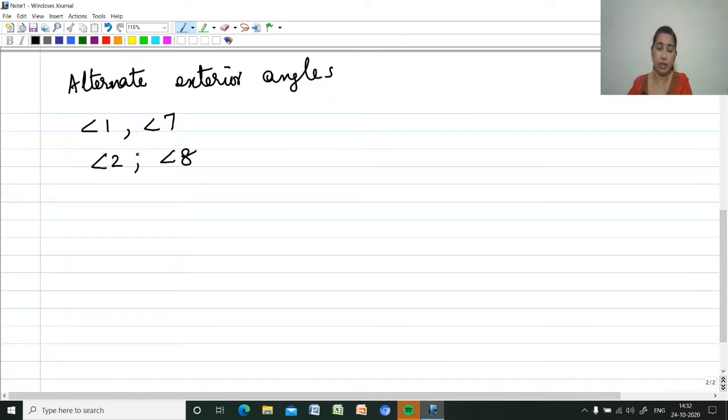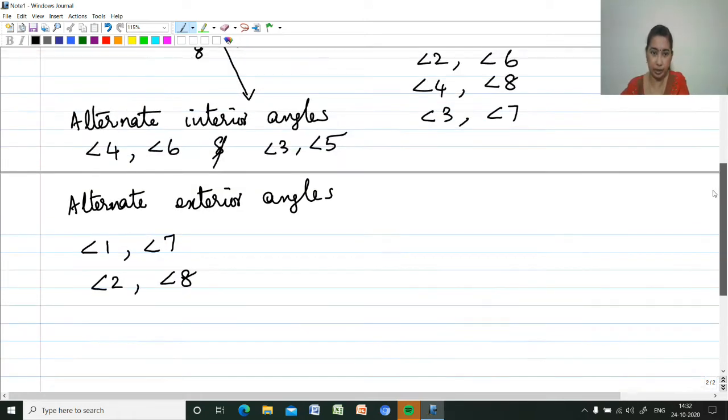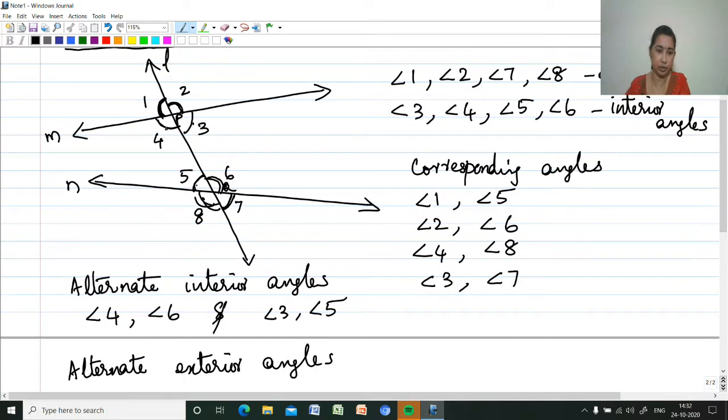Then interior angles on the same side of the transversal. They are 4 and 5. Angle 4 and 5 come on the same side of the transversal and they are interior angles.